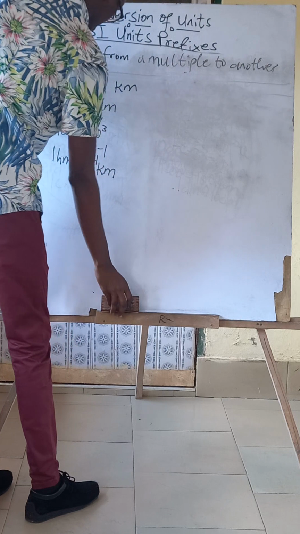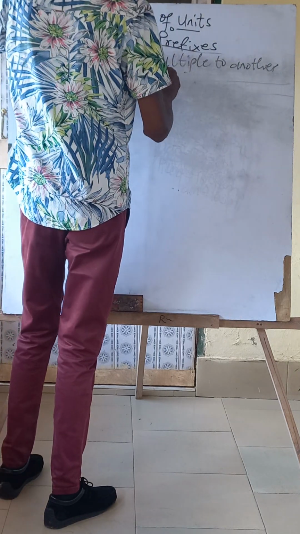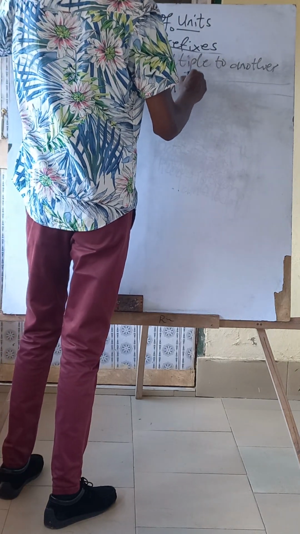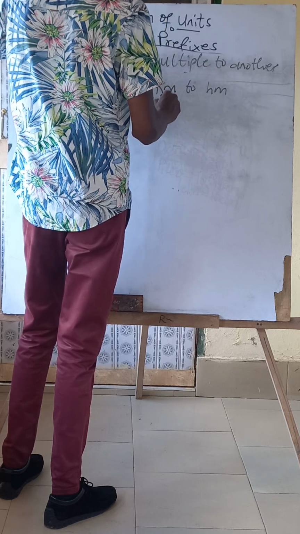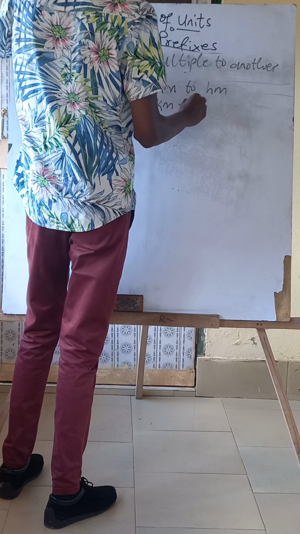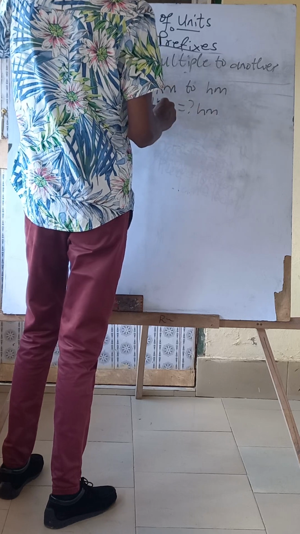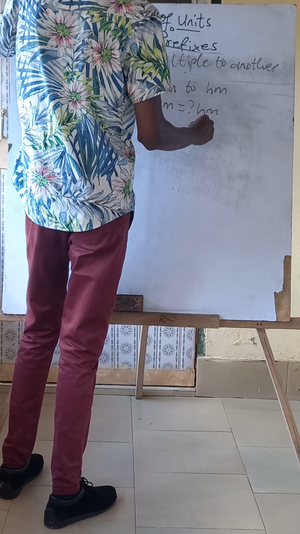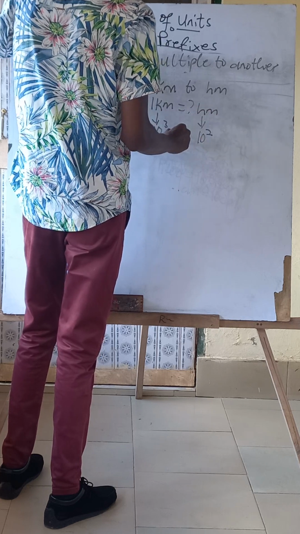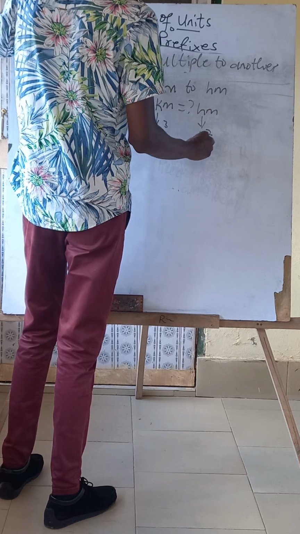Let us also consider conversion from, let's say, kilometers to hectometers. So 1 kilometer is equivalent to how many hectometers? Kilo means 10 raised to the power 3 and hecto means 10 raised to the power 2. So you subtract the exponents, 3 minus 2, which will give you 1.